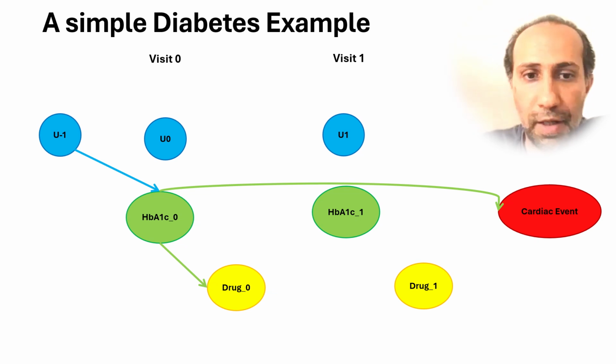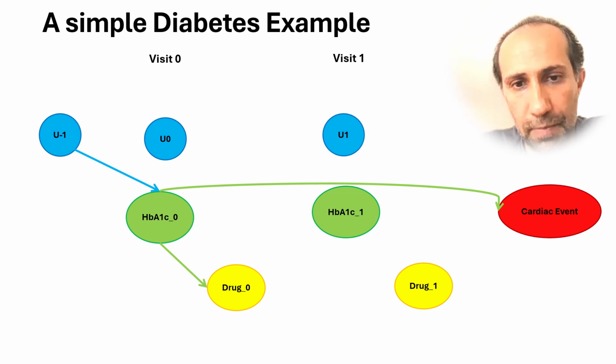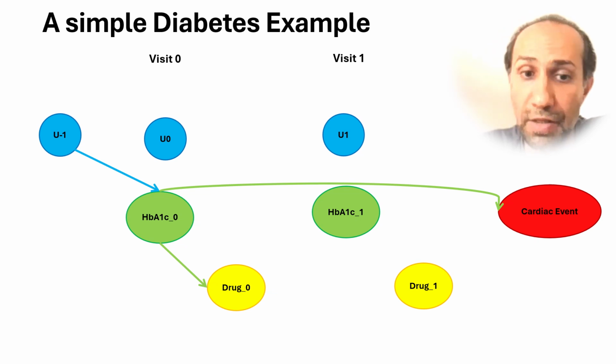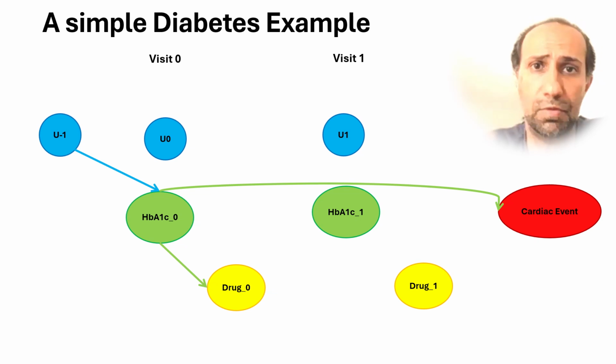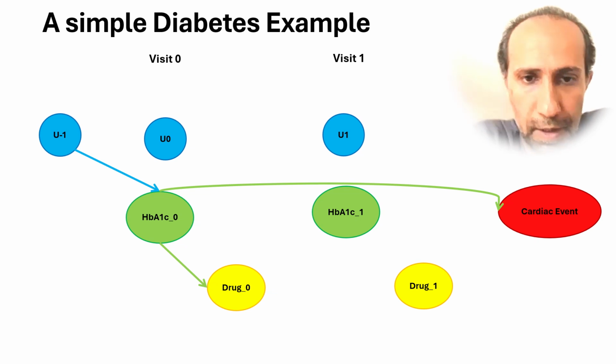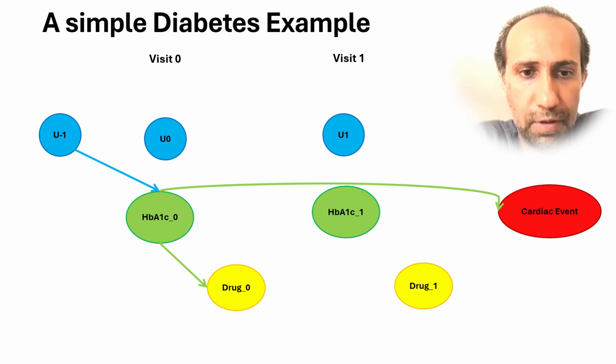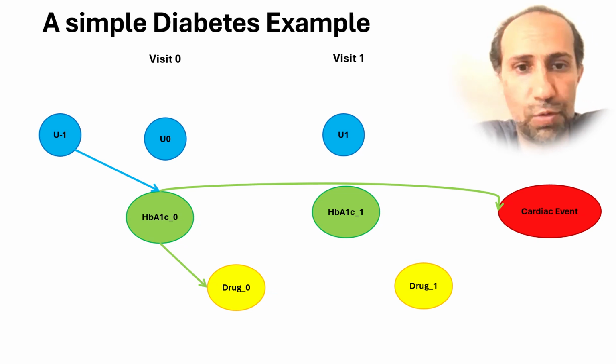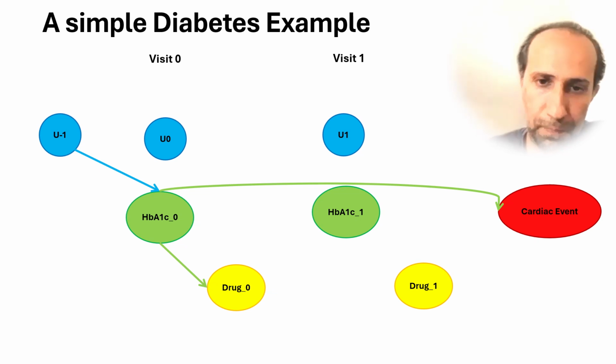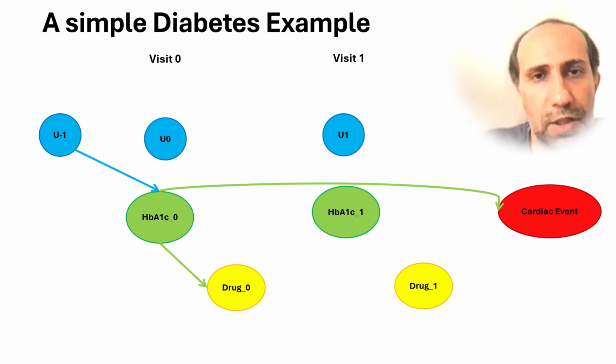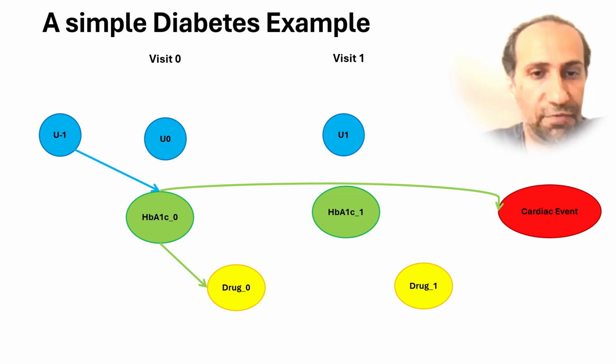On the other hand, HbA1c has a causal effect on the cardiac event and influences treatment. Maybe when the doctor sees the patient has a high level of HbA1c, they change the dose or change the drug. So you can see here the causal pathways between the nodes. HbA1c here is acting like a confounder.